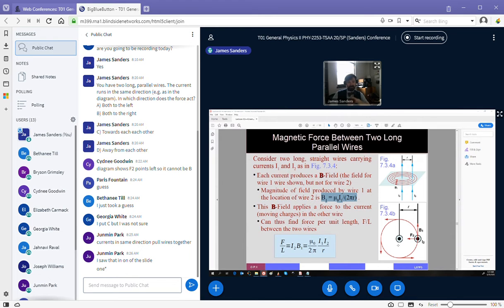This is my left hand, so this should be pointing to the right for you guys. My right hand actually points towards my right. So you have a force to the right. That means you have a force to the right on the left wire, a force to the left on the right wire, and therefore the forces are towards each other. So now we have an explanation for why it is towards each other.